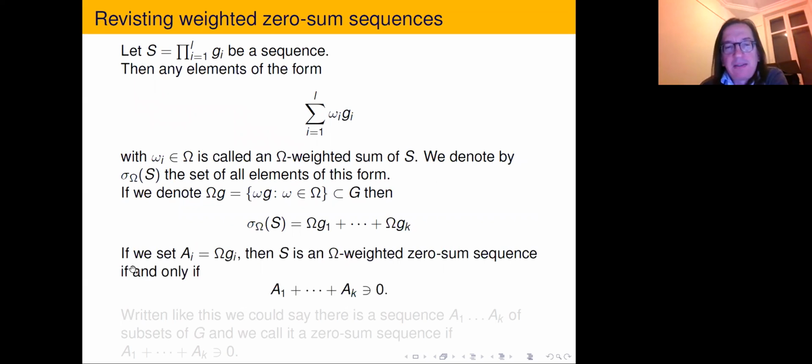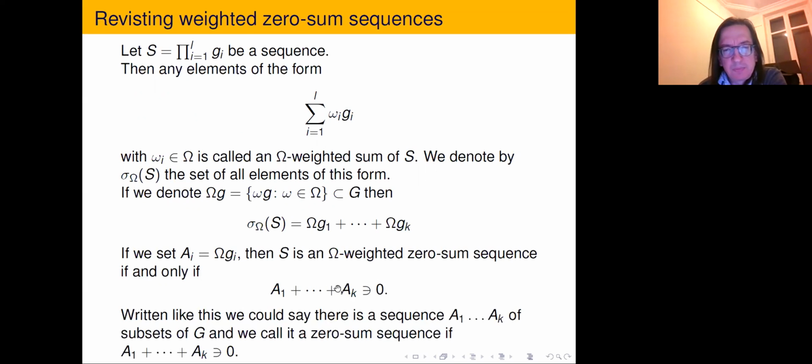And if I now just write AI for omega GI, then the condition that it's an omega weighted zero-sum sequence becomes that 0 is an element of this sum set. And written like this, I could say, well, there's a sequence A1 up to AK of subsets of G, and we call it a zero-sum sequence if 0 is an element of this sum set. So why not formulate it in this way?